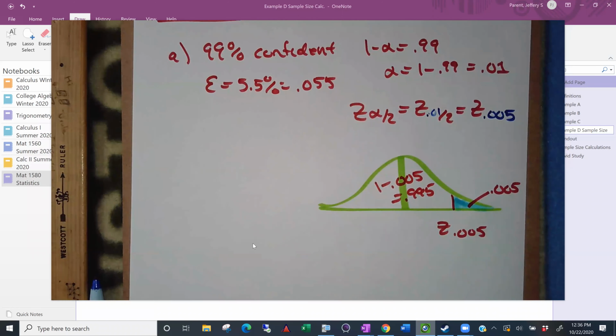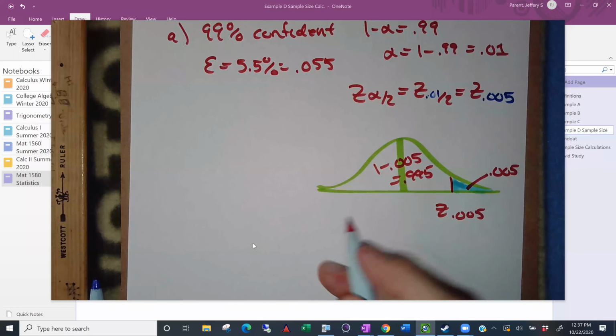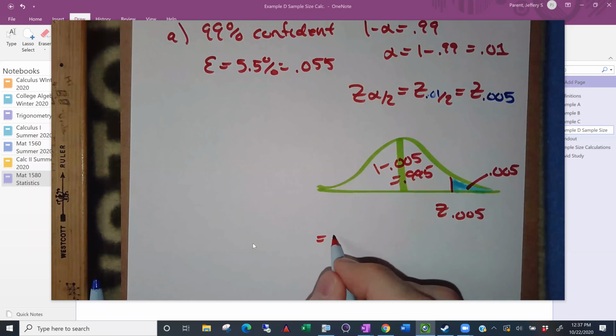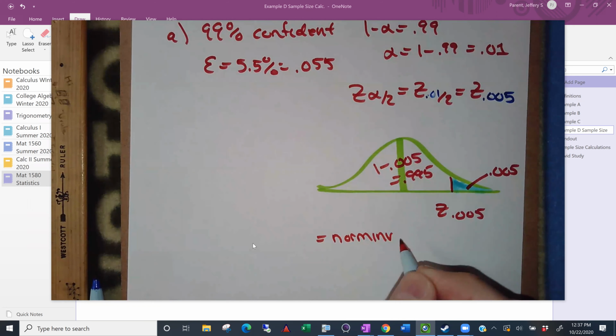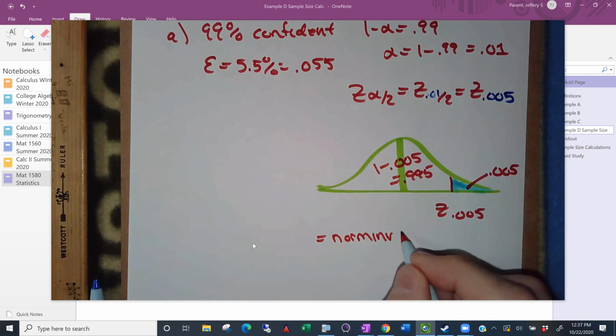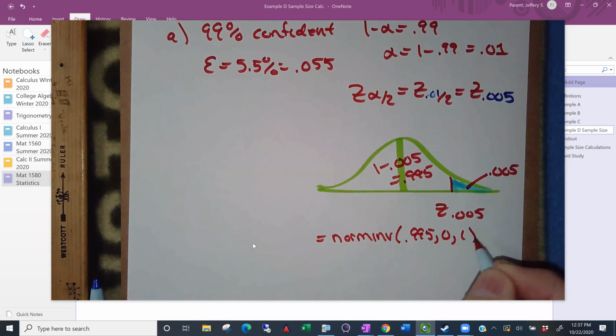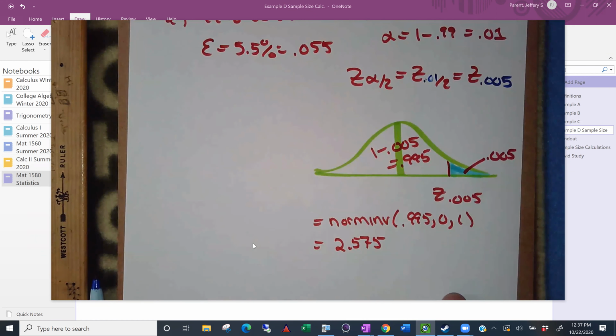If you're using Google Sheets, what you can write is equals NORM.INV of 0.995, comma 0, comma 1. I'm not going to take the time to do that here.